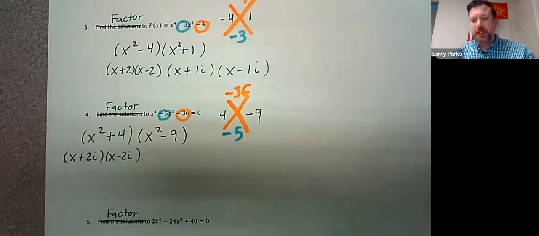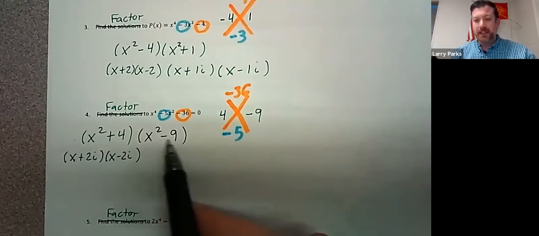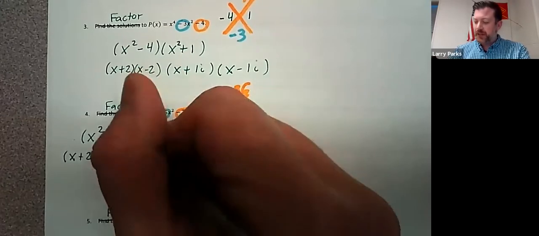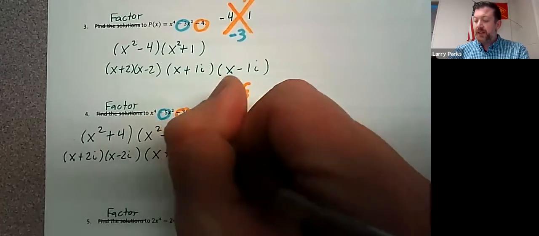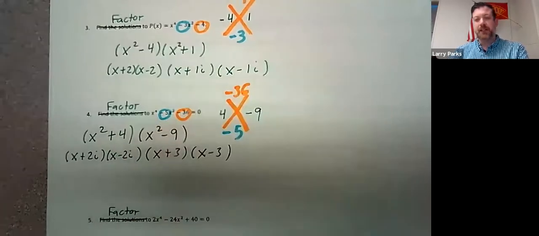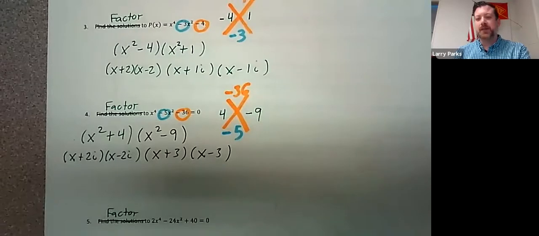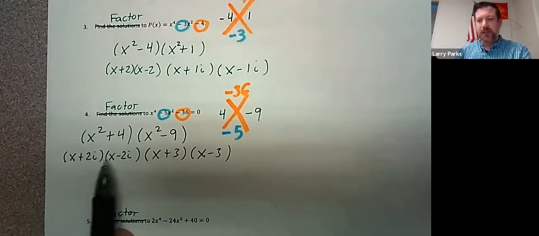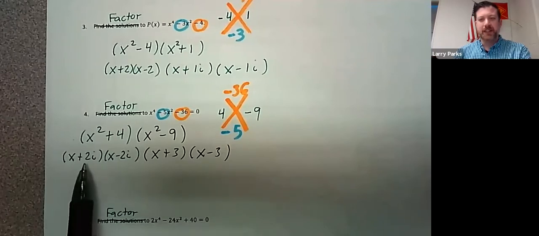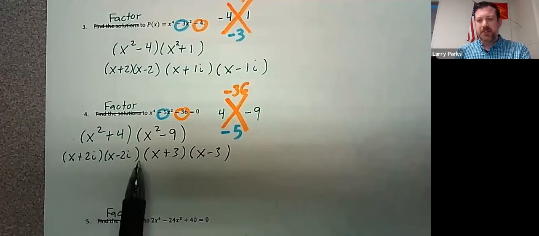And then x squared minus 9 is x and x, and then 3 and 3. And because it's a minus, we don't need the i, so it's going to be x plus 3, x minus 3. So if someone were to ask me for the solutions, I would say -3 and 3, and -2i and +2i. And notice that if the solution is imaginary, the conjugate will also be a solution.